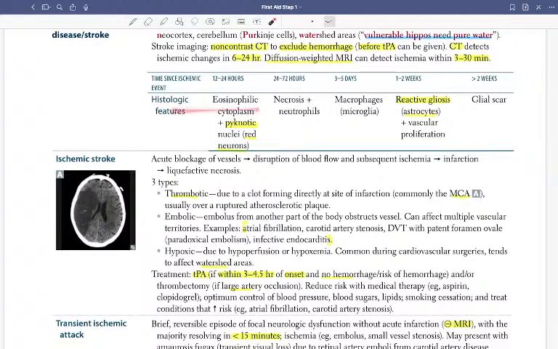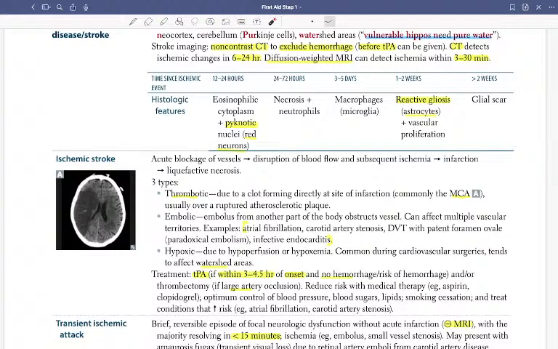This you can just go through. Reactive gliosis is more important, the part we had in astrocytes: astrocytes undergo reactive gliosis. That is derived from the neuroectoderm, and microglia are the macrophages. So the stroke protocol is important.